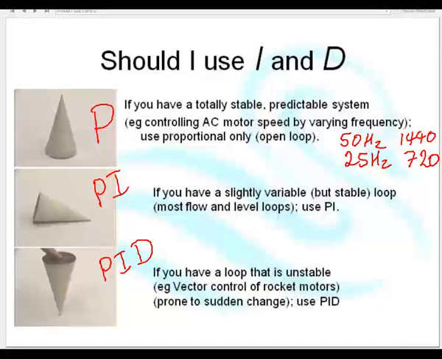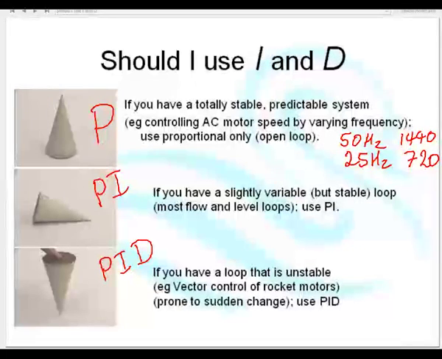If I want to get 720 RPM, I give it 25 Hertz. 25 Hertz, it runs at half the speed. It is totally predictable. In this case, what I would use is pure proportional control, and I wouldn't use feedback.